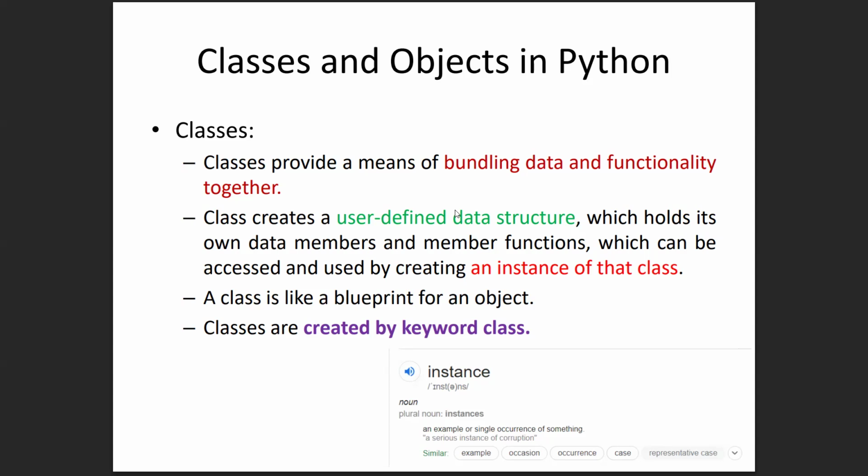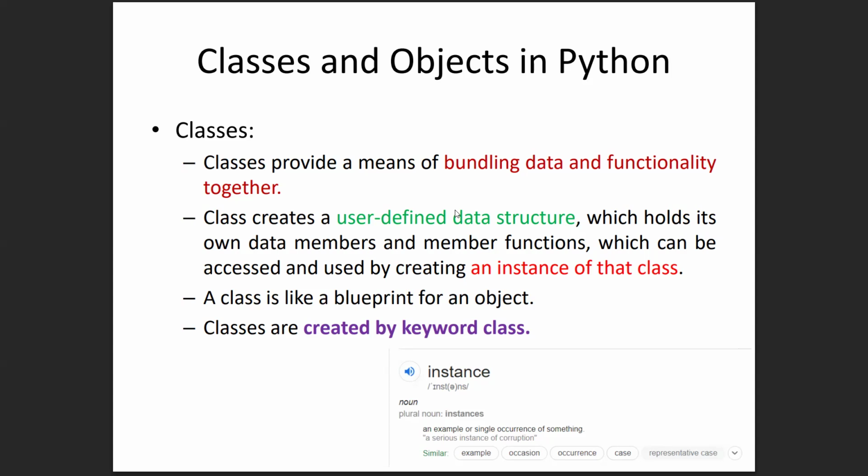Classes are created by the keyword class. Also, attributes are variables defined inside the class and represent the properties of the class. So attributes are nothing but properties, which are variables defined inside the class.